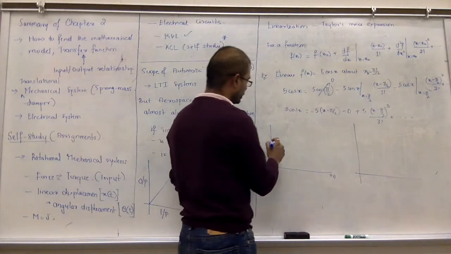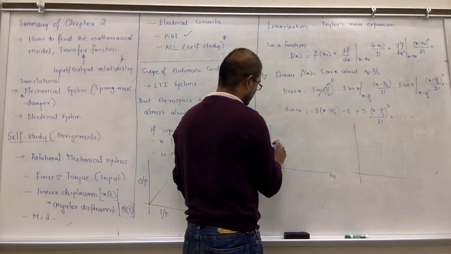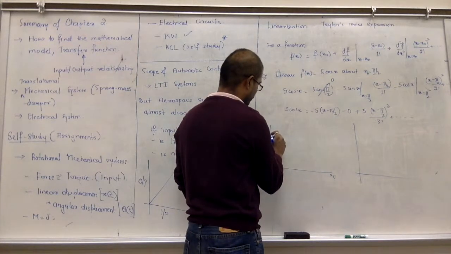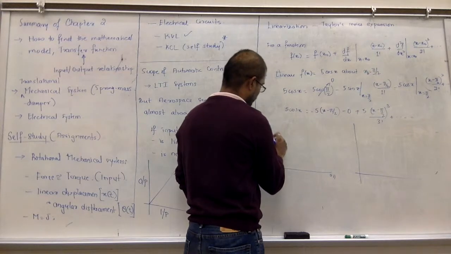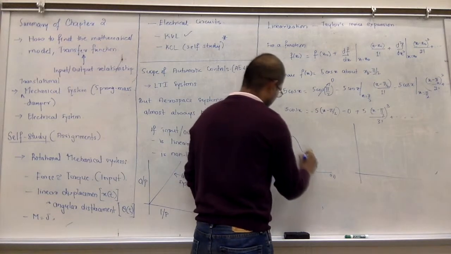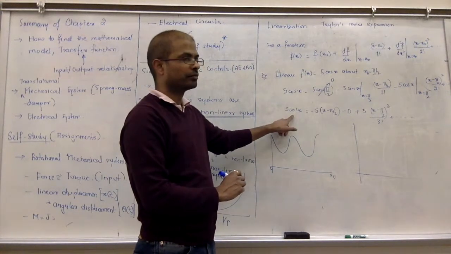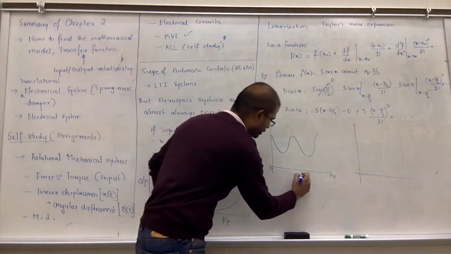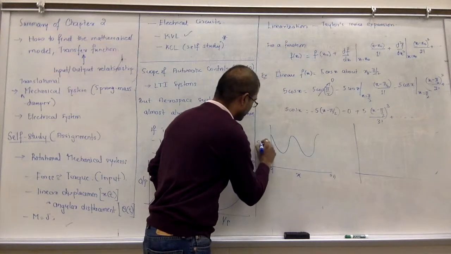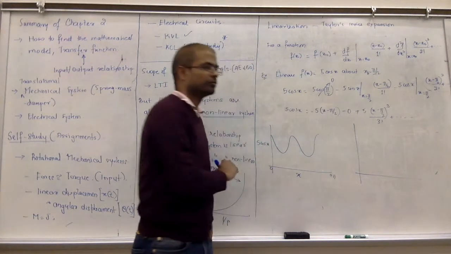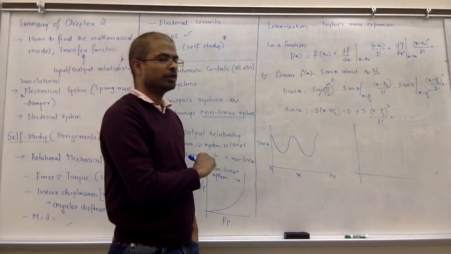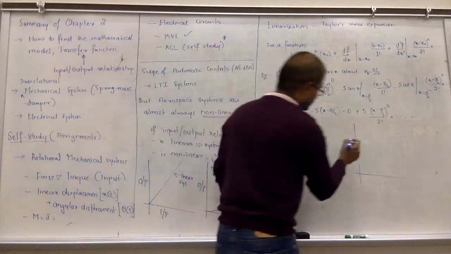the cosine term will look something like this, the left hand side. Here, this is the x value, and this is the 5 cosine x. The linearized form will look something like this.